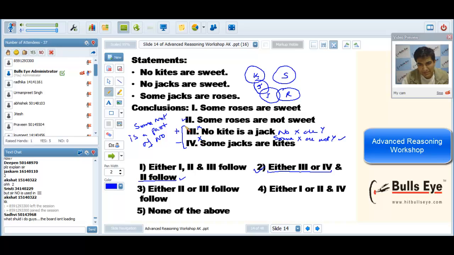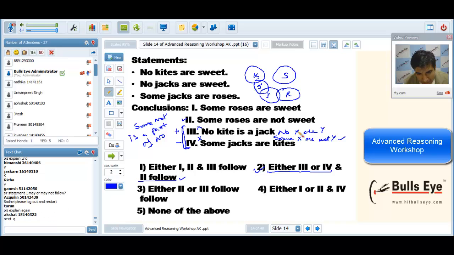Since these two conclusions do not follow from the statements and they are a positive negative pair, they can be taken as either 3 or 4 follows. Is it fine?